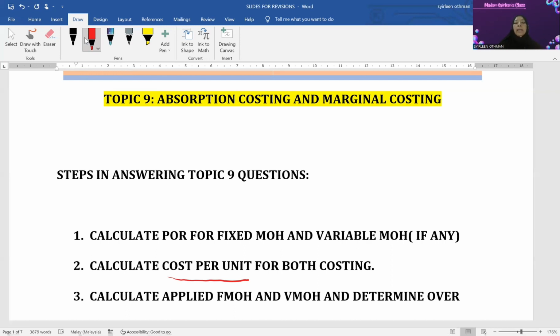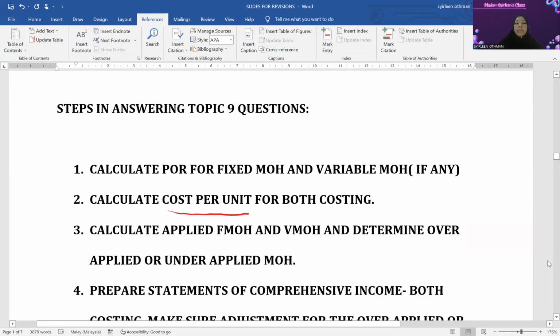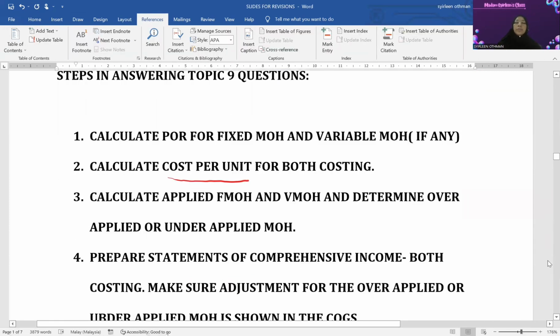So once you are done with the calculations of cost per unit, kita akan calculate the applied MOH, the applied fixed MOH and VMOH, so that we are able to determine the over apply or the under apply MOH. So you need to do the adjusting entries. You need to adjust the figures given in the questions.